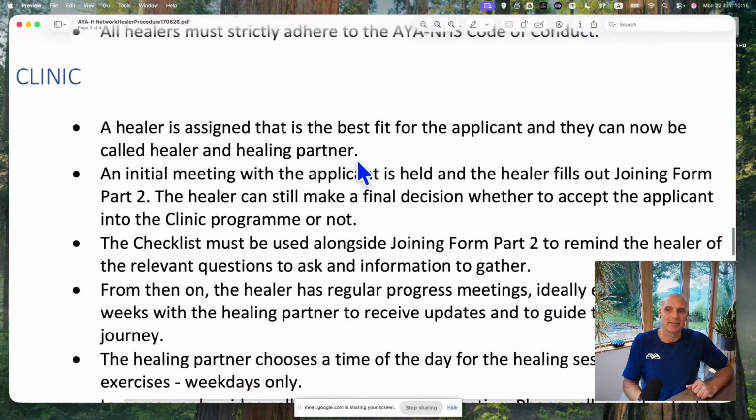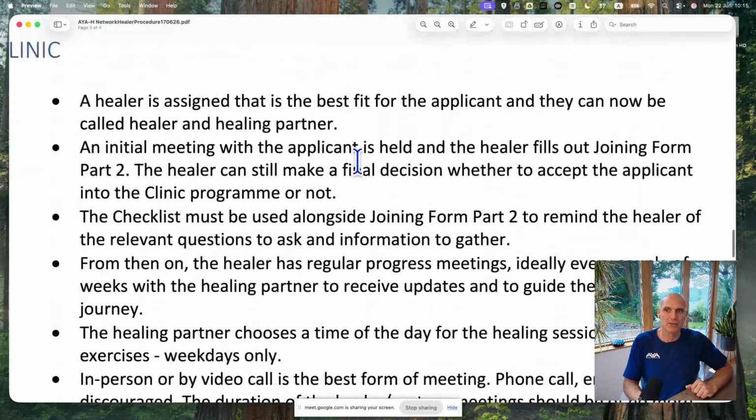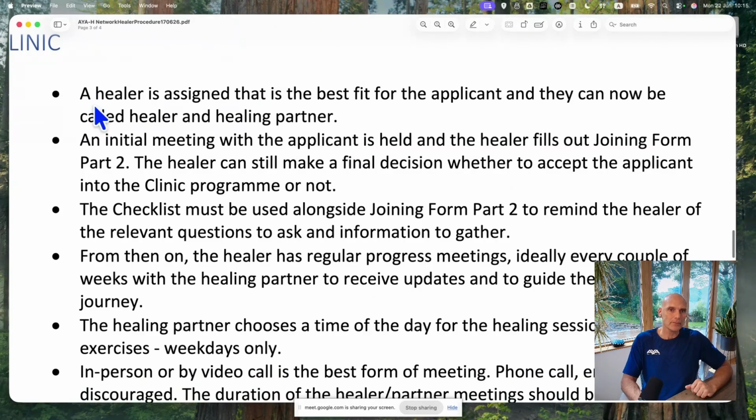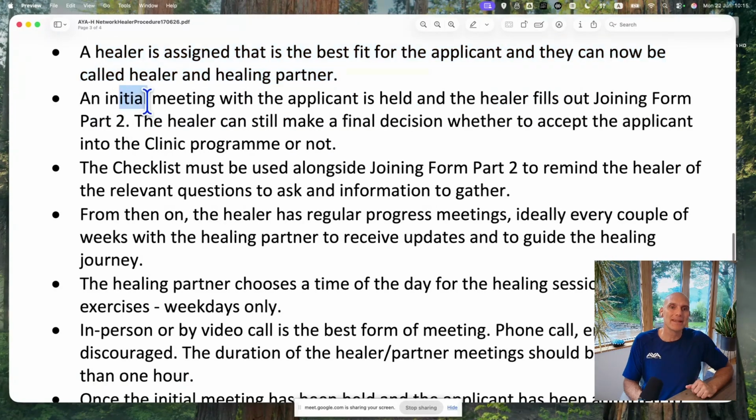Now, clinic. If clinic is chosen, there's a few things that we need to understand. A healer is assigned that is the best fit for the applicant, and they can now be called healer and healing partner. An initial meeting is held with the applicant, and the healer fills out joining form part 2.